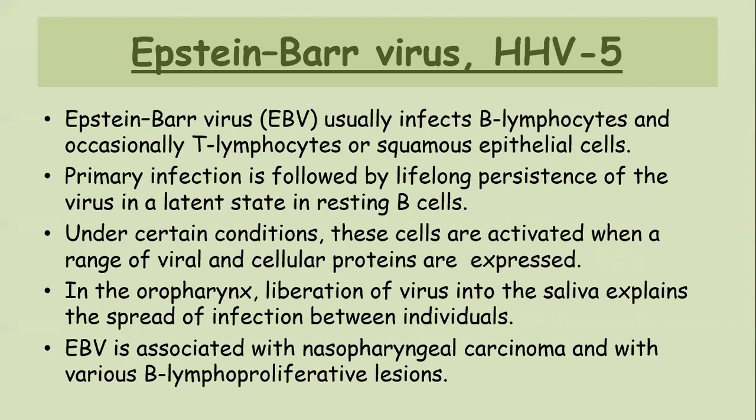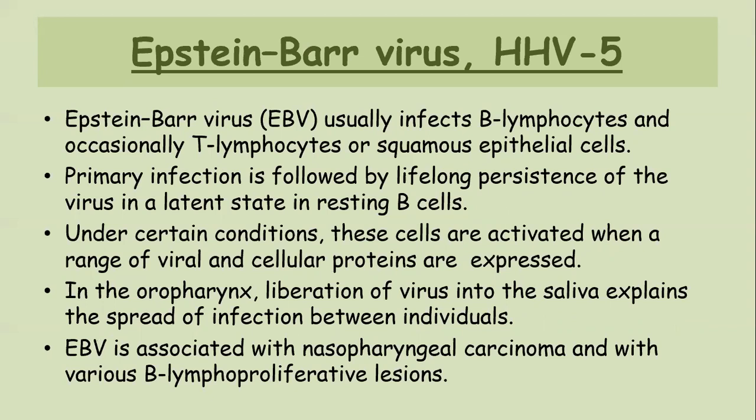Human herpes virus 4 or Epstein-Barr virus. The Epstein-Barr virus usually infects the B lymphocytes and occasionally T lymphocytes or squamous epithelial cells. The primary infection is followed by lifelong persistence of the virus in a latent stage in the resting B cells.